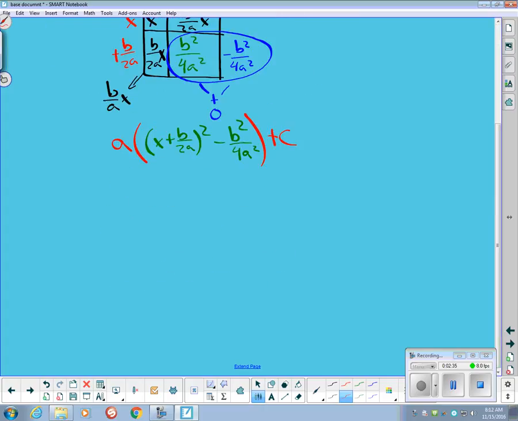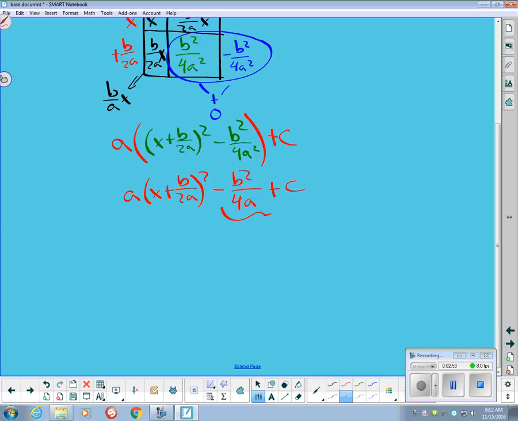So a little bit more space here. We'll distribute the a through, and we'll get an a times x plus b over 2a, squared, minus b squared over 4a, plus c.